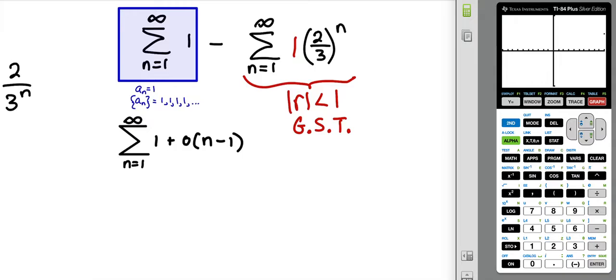So this diverges by the arithmetic series test.